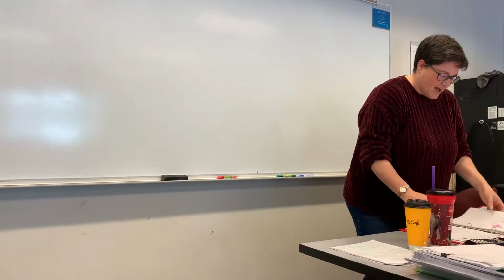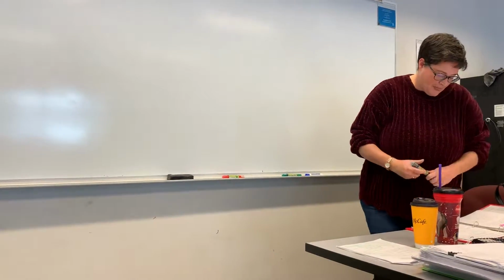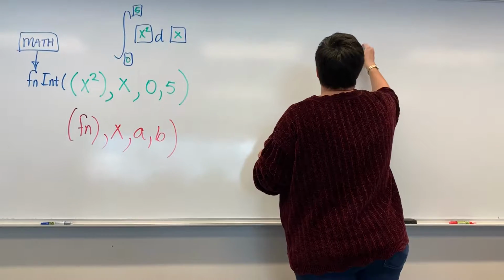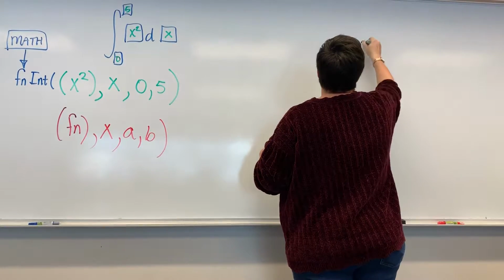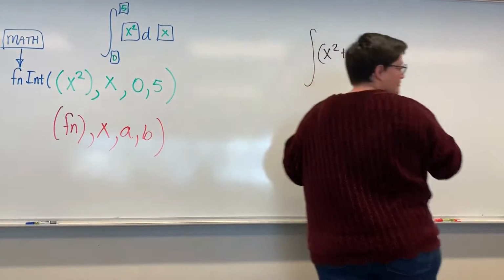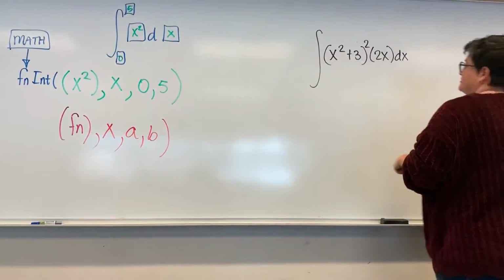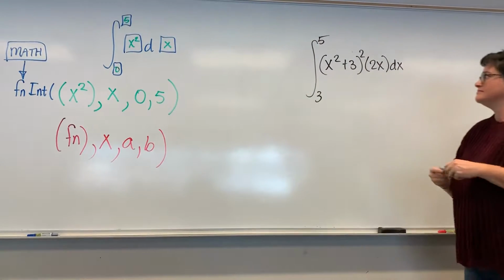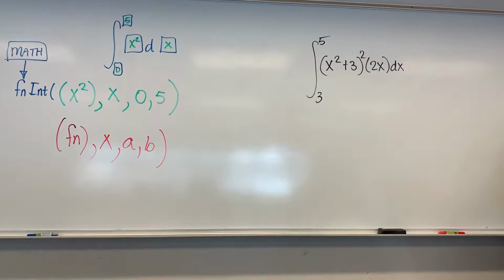Yeah. Okay, so let's try this one. X squared plus 3 times 2x. And we're going from 3 to 5. Nothing's changed, you guys.